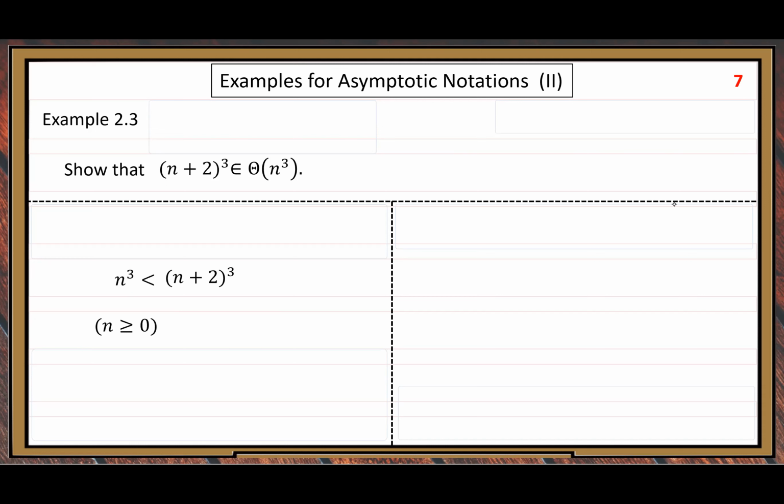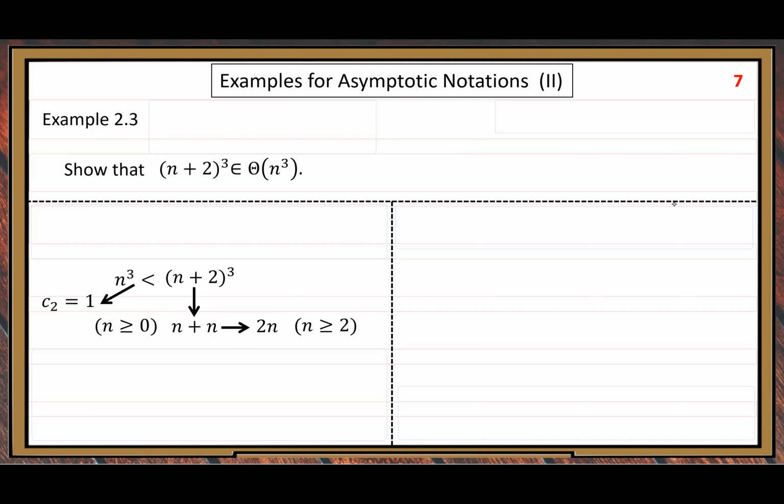How about the upper bound this time? Similar way as we did before, but we need to modify slightly for the upper bound. We still replace 2 by n, right? And so we get 2n.